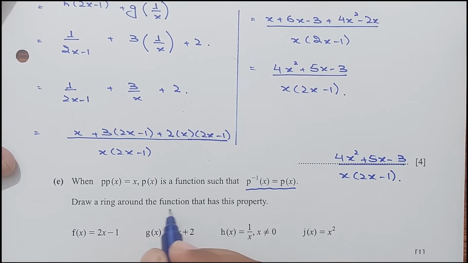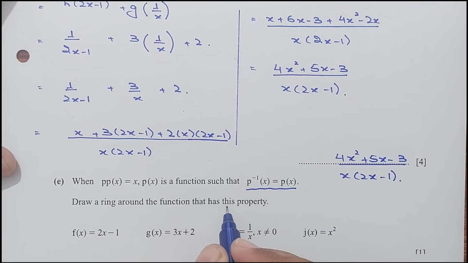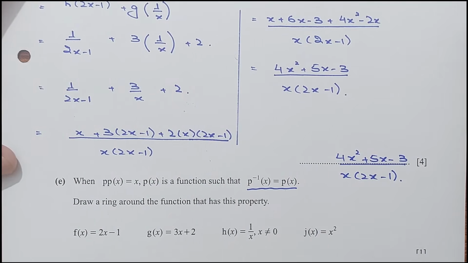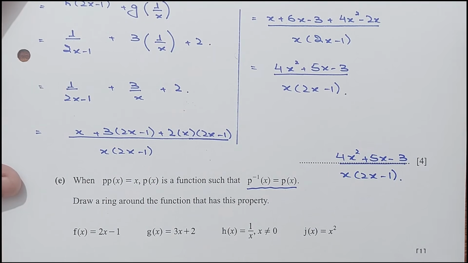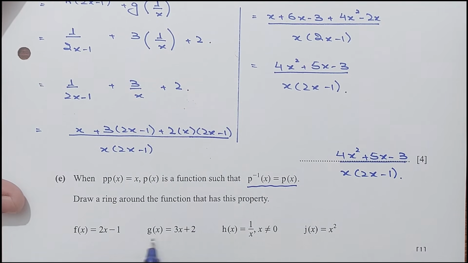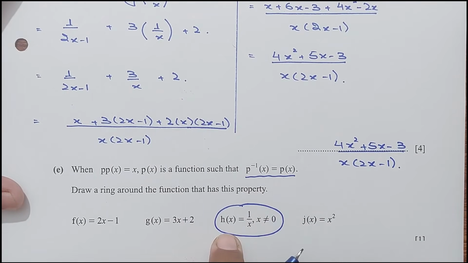Draw a ring around the function that has this property: f of x, g of x, h of x. h of x is a self-inverse function, because when you say y equals h of x, which is 1 over x, and switch the variables and solve for y, you will again get the same thing.